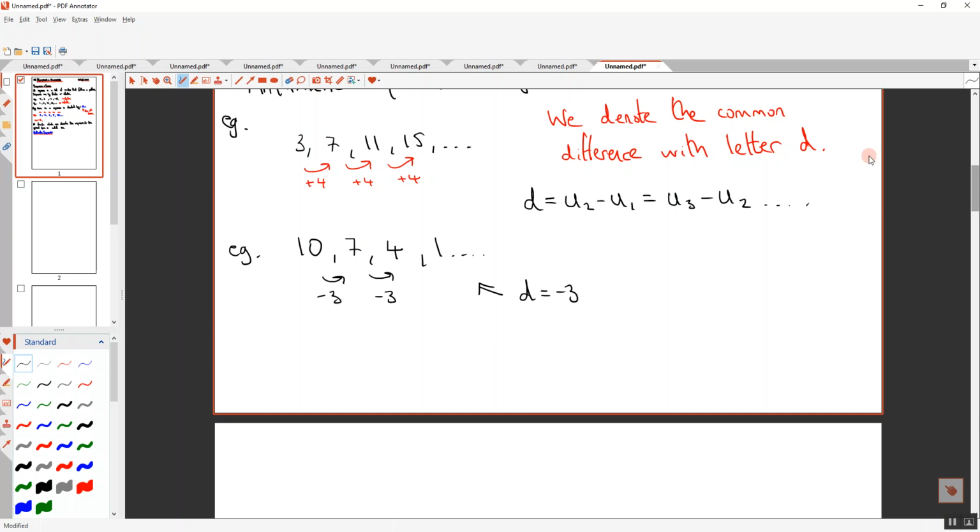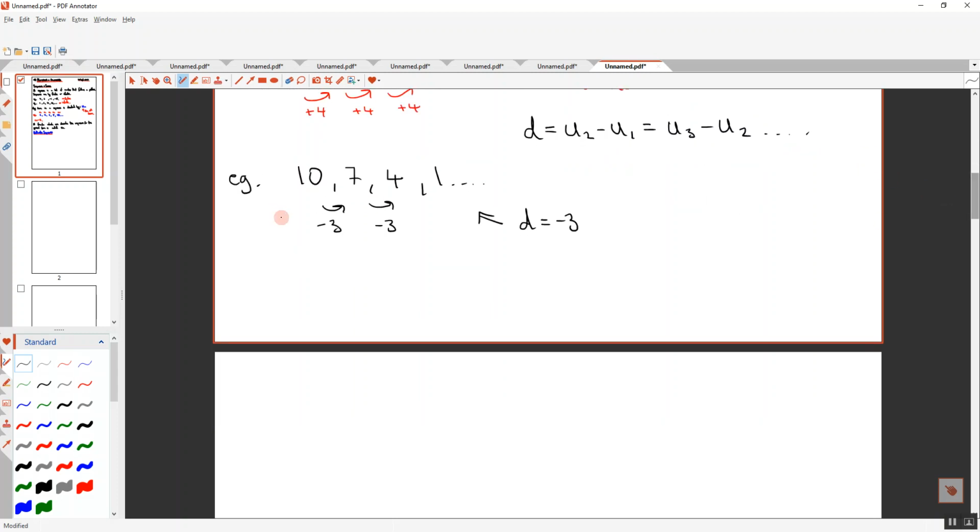Okay, so now we need to come up with a formula for finding the nth term for an arithmetic sequence.